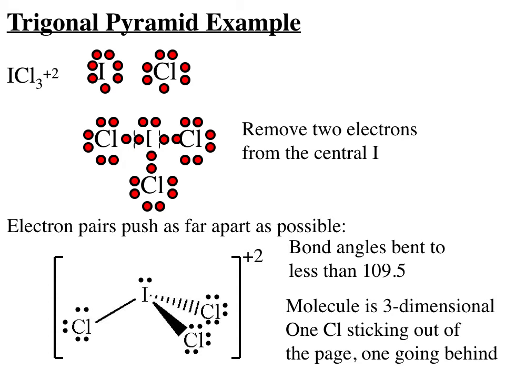The thin ICl bond is on the page, then there's a solid triangular one and a hatched triangular one, of which one is coming out, one is going behind the page. This is 3-dimensional, and if you connected those sides with solid faces, it would be a triangular-based pyramid, or what we call a trigonal pyramid molecule.